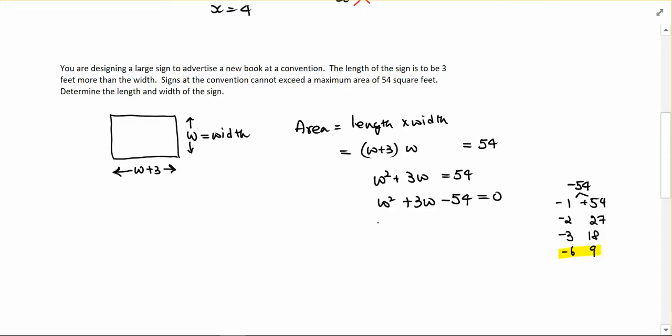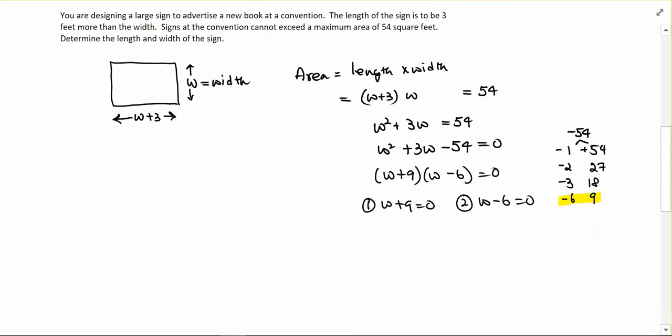So we will say w plus 9, w minus 6 is equal to 0. So w plus 9 is equal to 0 and w minus 6 is equal to 0. So we can say that w is equal to negative 9 or w is equal to 6.